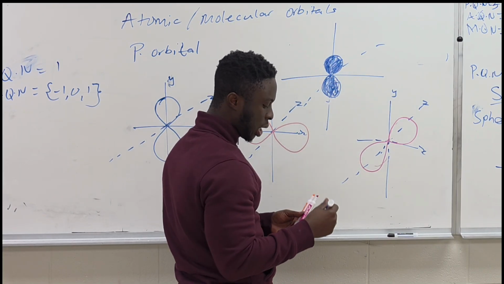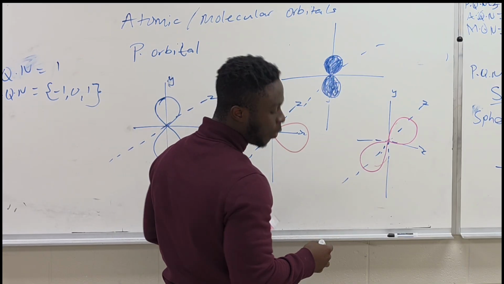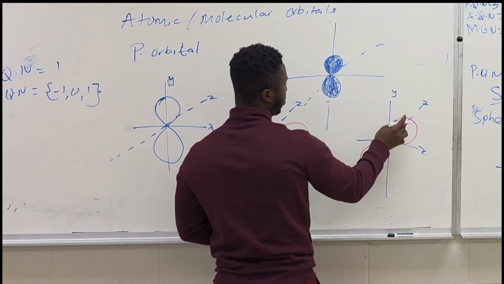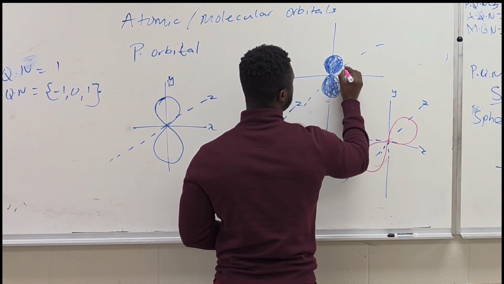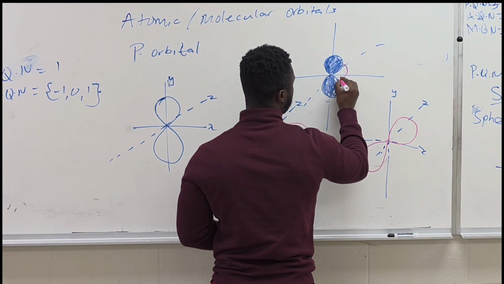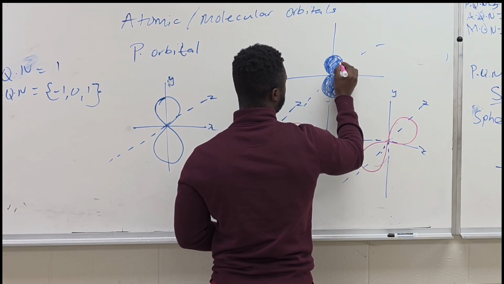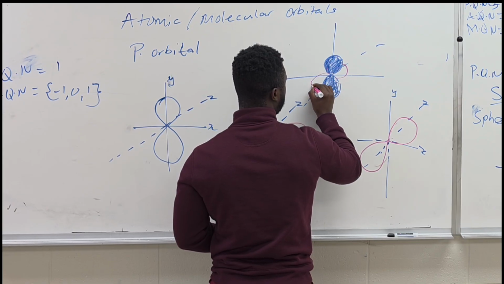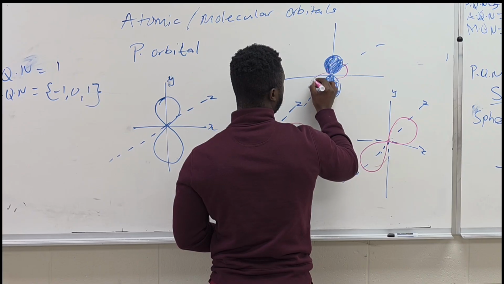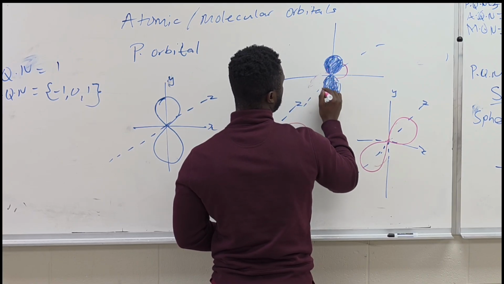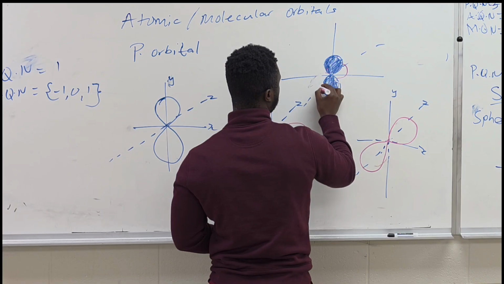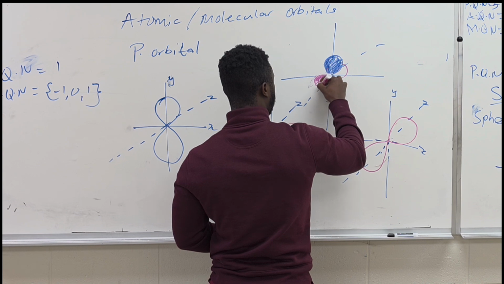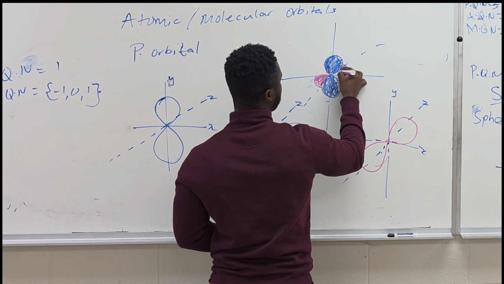So this will be the Py over here. Now for the Pz, we're gonna have it like that. Since it's going to be on the y, it's going to be behind it. So we're gonna have it come over here, something outside over here, like. Since it's going to be on its axis, we're gonna have it, yep, like that. And then it's going to also occupy a shape like that over here.